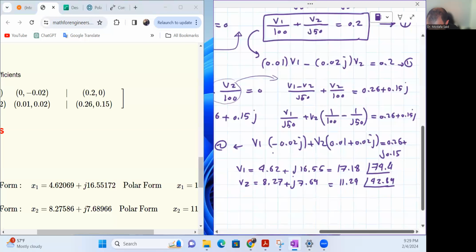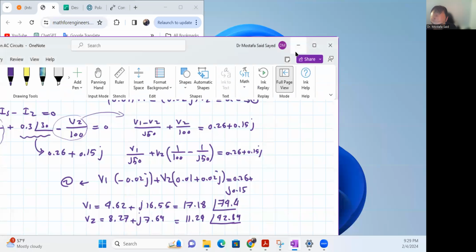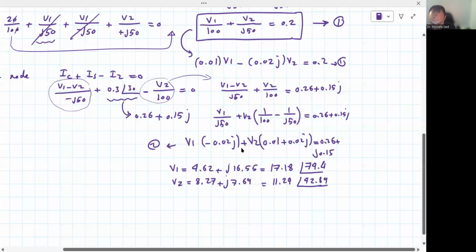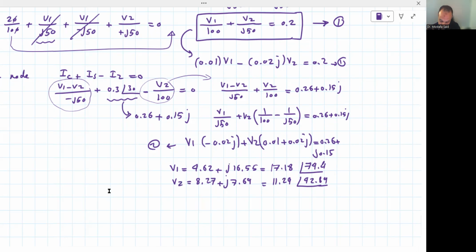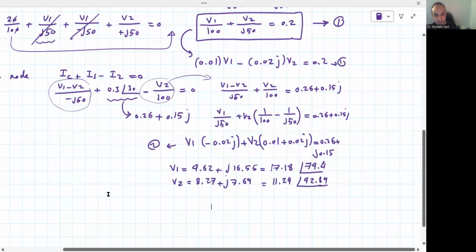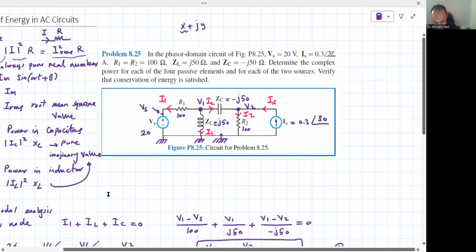No, it's very tedious, you know. I know, but this is basically the nature of these examples. These problems in AC circuits are very tedious. Long calculations. That's why you have to use these online calculators. Otherwise, your life would be hell. Anyways, so we get V1 and V2. Okay. Is this our target? No, by the way. Our target is to find the currents.